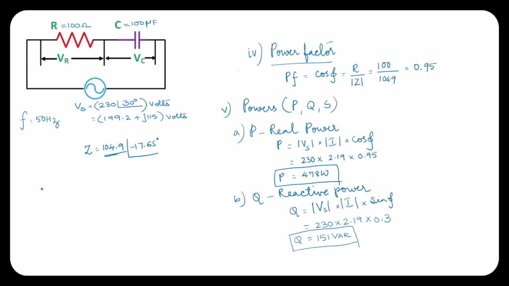Next we have to find out S. S is the apparent power. S is equal to magnitude of Vs into magnitude of I. So S, with Vs equal to 230 and I equal to 2.19, gives me 503.7 volt amperes.